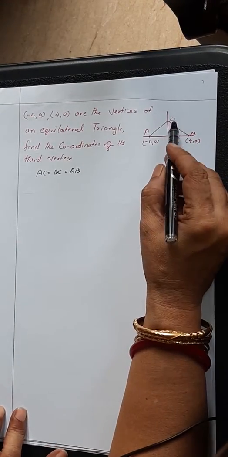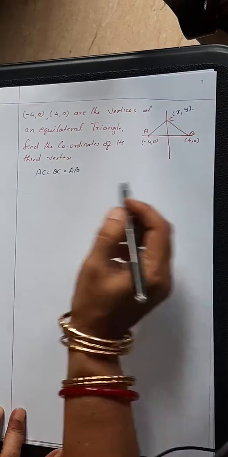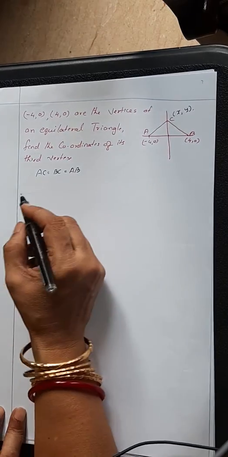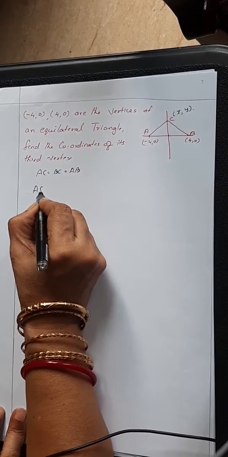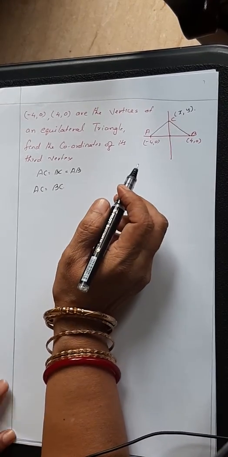Now let's put this vertex as (x, y). AC equal to BC. Use the distance formula.